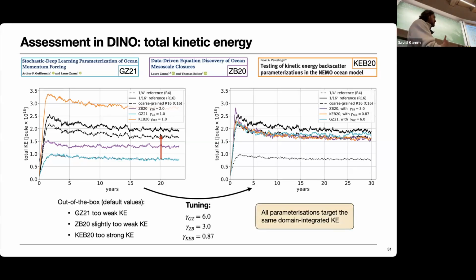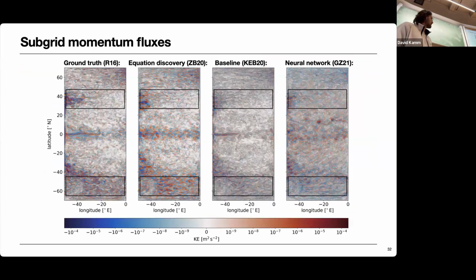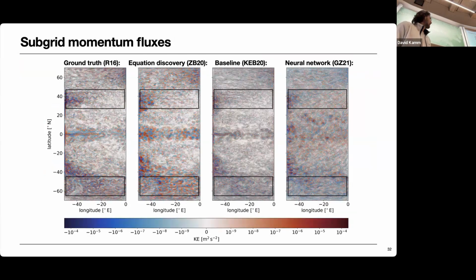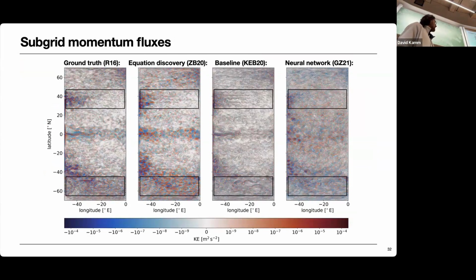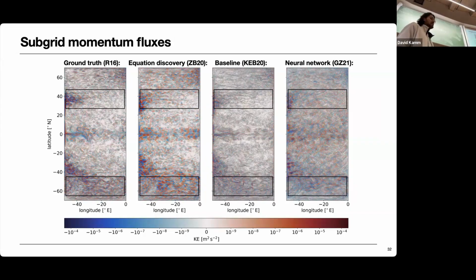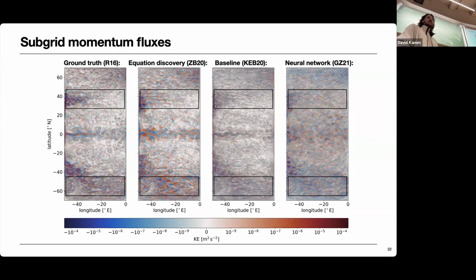All these parameterizations target the same backscatter, the same domain-integrated kinetic energy. And still after this tuning, they ran stably for at least these 30 years, but we also tested it for longer. And as you can see here, we can now directly diagnose the subgrid fluxes these parameterizations introduce.